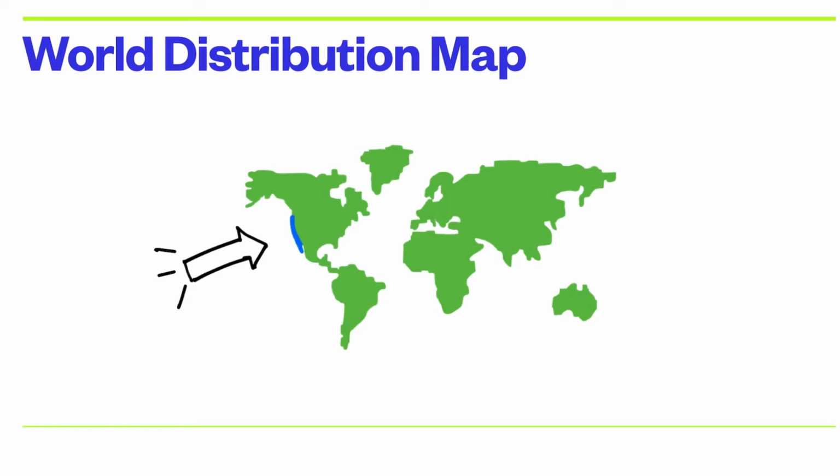If you see here where the blue is highlighted and the arrow is pointing, that's their range, and as you can see, it's very small and narrow. They don't range a lot because, as I said before, they like to be in estuaries, which are not found everywhere, and also kelp forests.